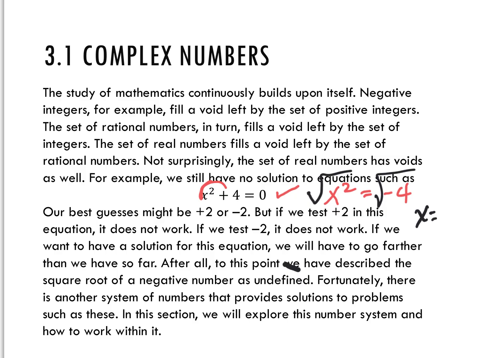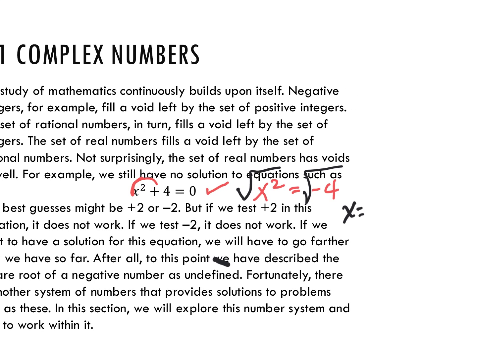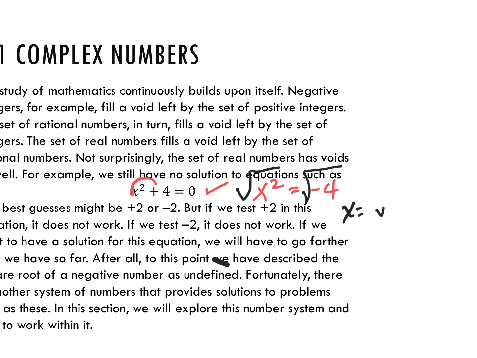However, we're stuck with the square root of negative 4. And just a few minutes ago, I talked about that. You could not find that answer. And as a matter of fact, I got to be very careful. When you square root both sides, you actually introduce to yourself two possible answers, positive and negative. Every time you square root both sides, you end up with two possible answers. One's positive, one's negative.